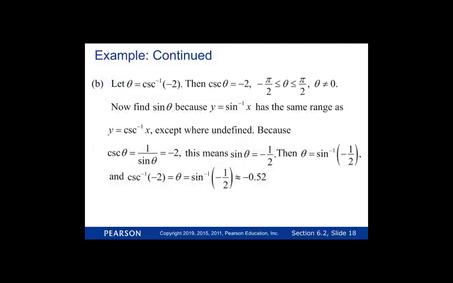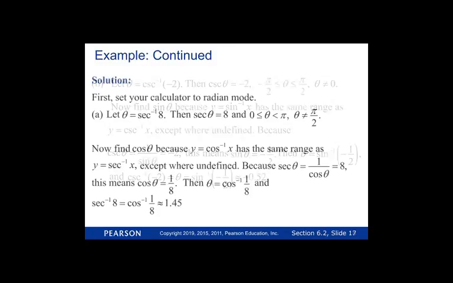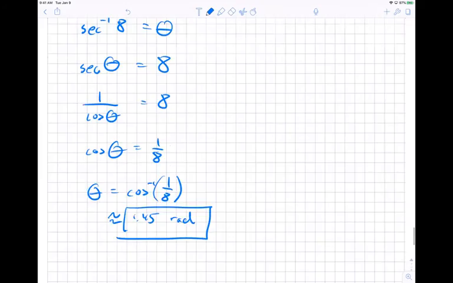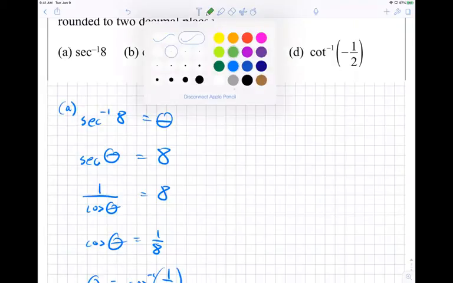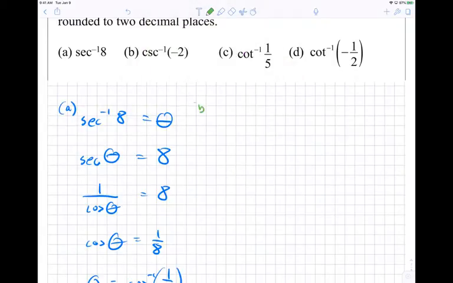Oh, part B. Let's go ahead and do part B. And we can actually go back here. So that was A. So if that was A, say we were doing part B. We have inverse cosecant of -2. We can set that equal to theta. What does it mean?